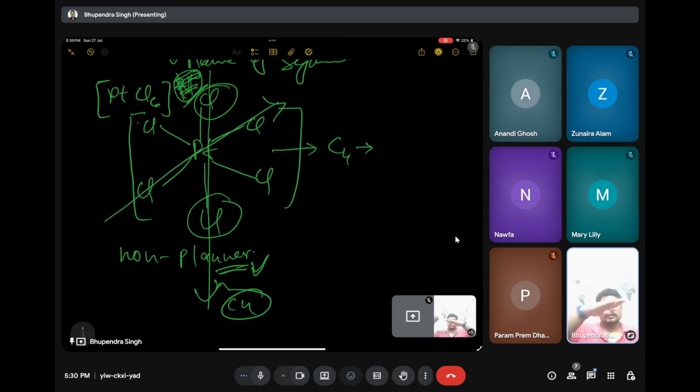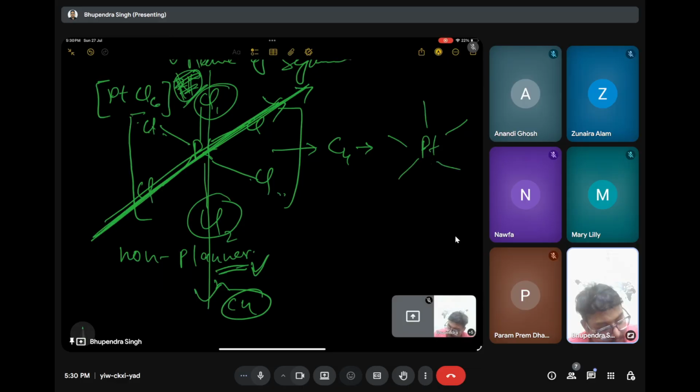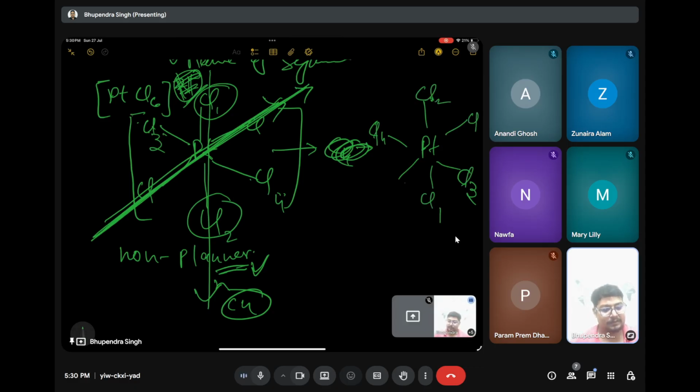because three atoms are in this line. These two atoms will exchange their position in the same plane, but of the other two, let's say 2 and 3, 4, it will flip like that: Cl2 will be here, Cl1 will be here, by considering this C2 axis.